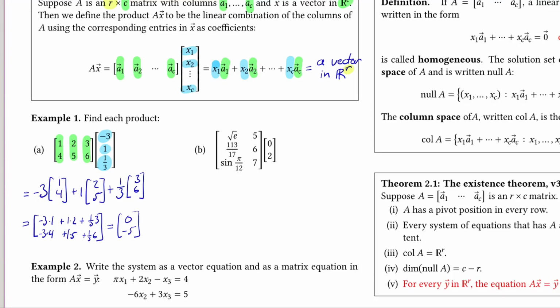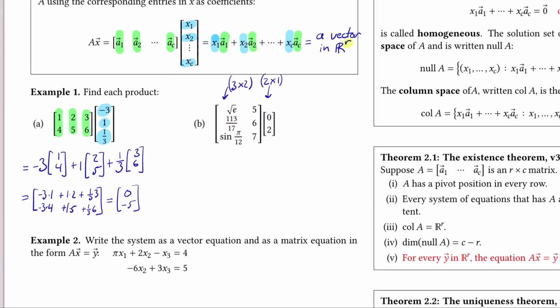And here's, in part B, a differently sized thing. Here we have a 3 by 2 matrix A that we're multiplying by a 2 by 1 vector X. And the important thing is that the number of columns, here we have 2 columns, agrees with the number of entries in X. So yes, we can multiply this.